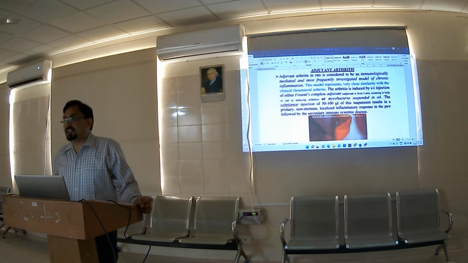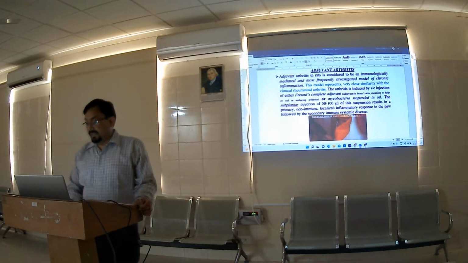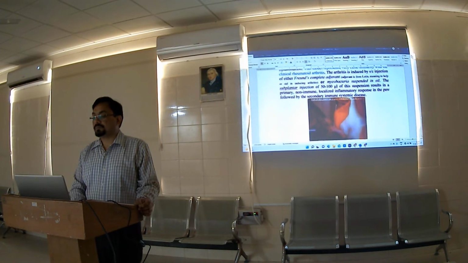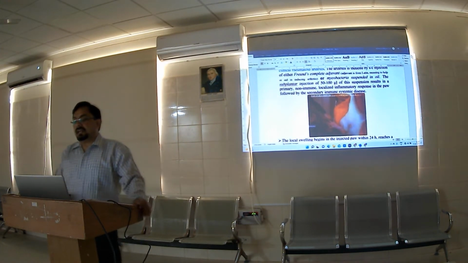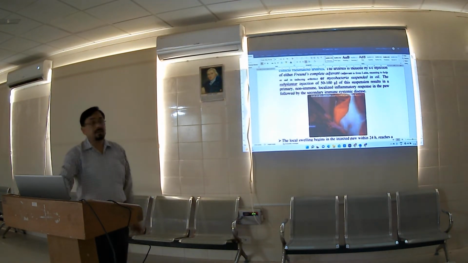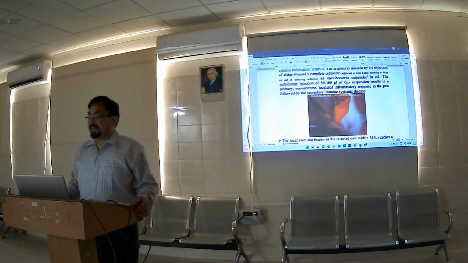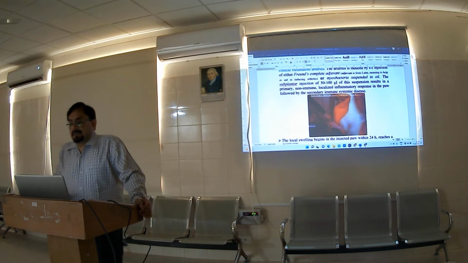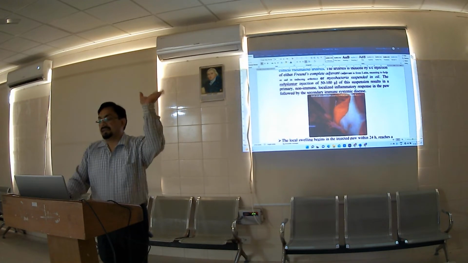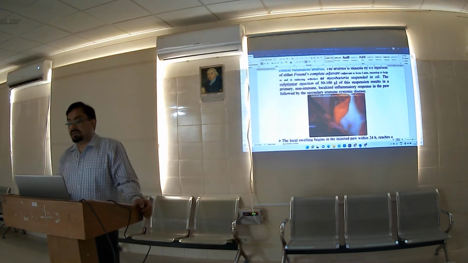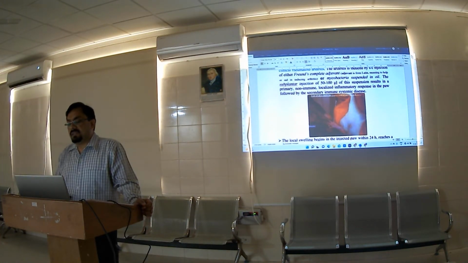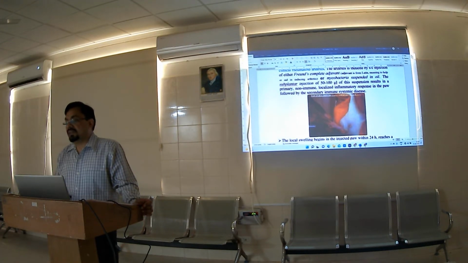The subplantar injection, as was already demonstrated, you can once again see the picture of the subplantar injection here. A subplantar injection of 50 to 100 microliter of this suspension, meaning Freund's complete adjuvant or mycobacterium suspended in oil, in the subplantar region of the hind paw results in a primary non-immune localized inflammatory response in the paw, followed by a secondary immune systemic disease.